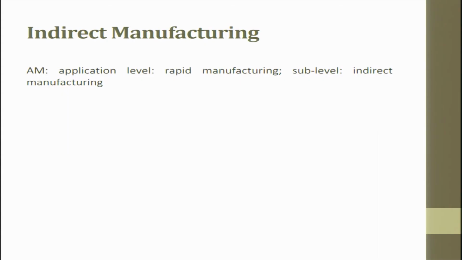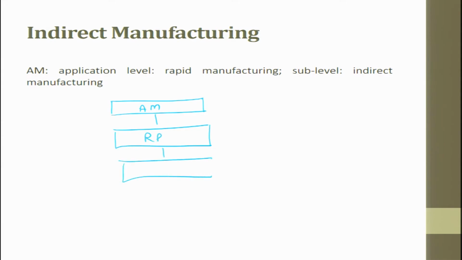So, now let us go back to the base diagram which we keep talking about. Where does indirect manufacturing come? So, additive manufacturing, rapid prototyping, rapid manufacturing, and then we had our solid imaging and concept modeling.